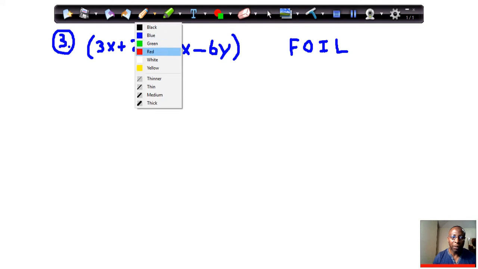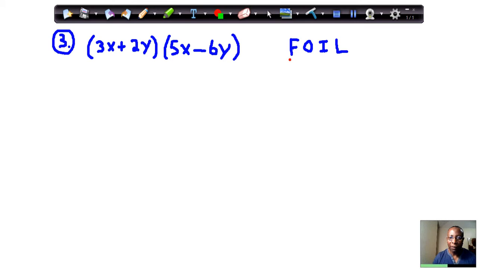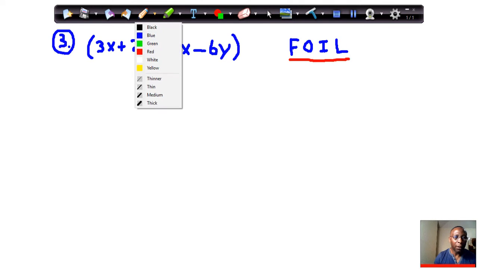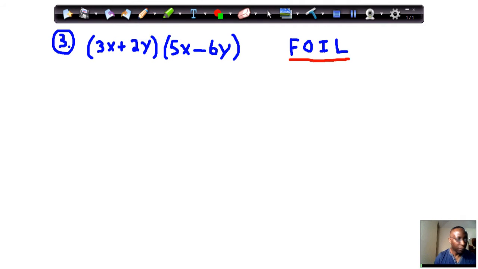What FOIL stands for is first, outer, inner, and last. And so that's what we're going to have to do. We're going to have to distribute the terms according to FOIL, and here's how we do it.